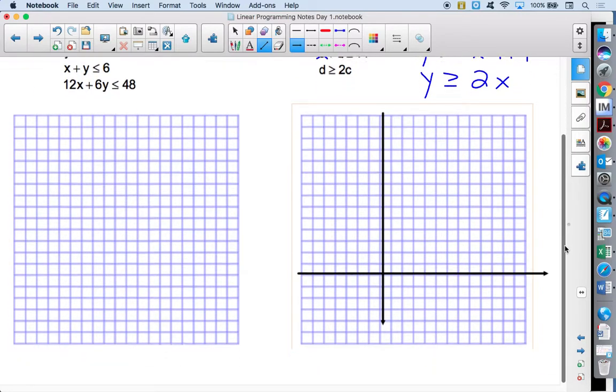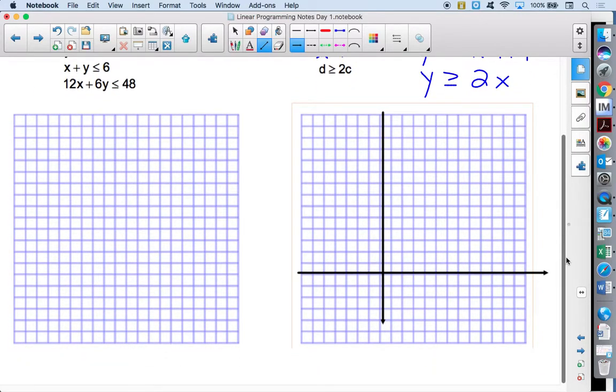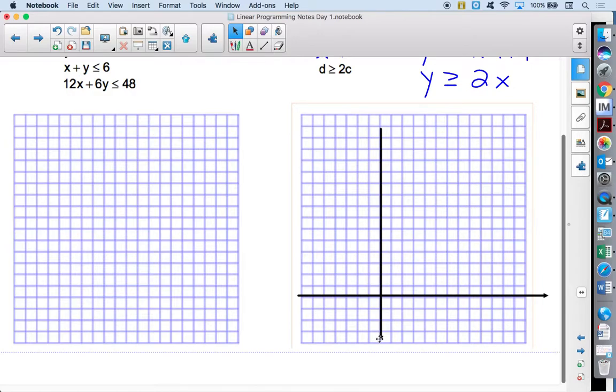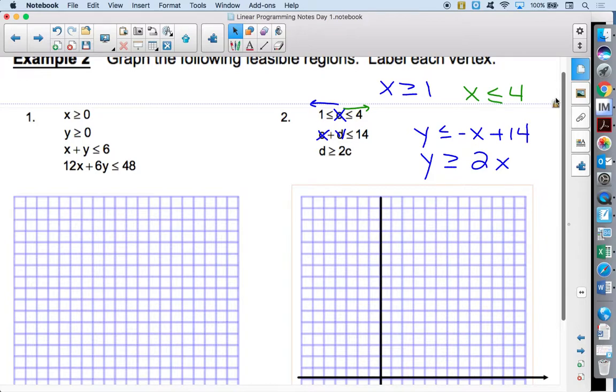So drawing your own x and y axis. And then after you have that x and y axis drawn, okay, so now that it's drawn, you're going to see if you can start graphing those lines.